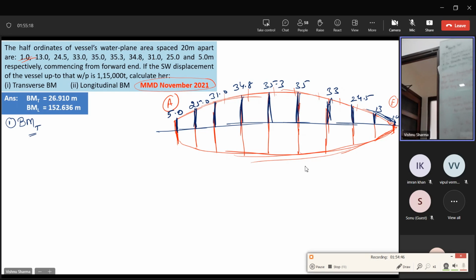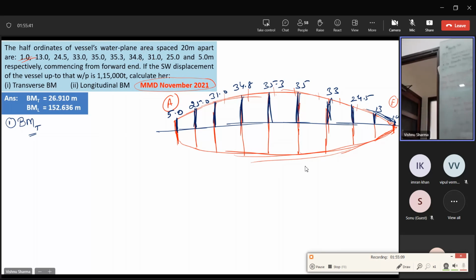I said which area is in question when it comes to BMT for moment of inertia? Center line is a line, it is not an area. The water plane. If you answer like this in orals, then that's why you have problems, beta. Listen to the question.